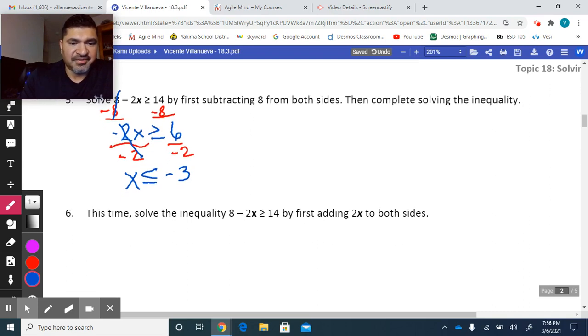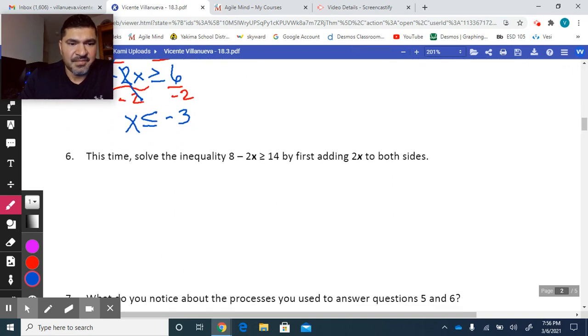Let's take a look at number 6. This time, solve the inequality 8 minus negative 2x is greater than or equal to 14 by first adding 2x to both sides. Okay, let's go ahead and do that.